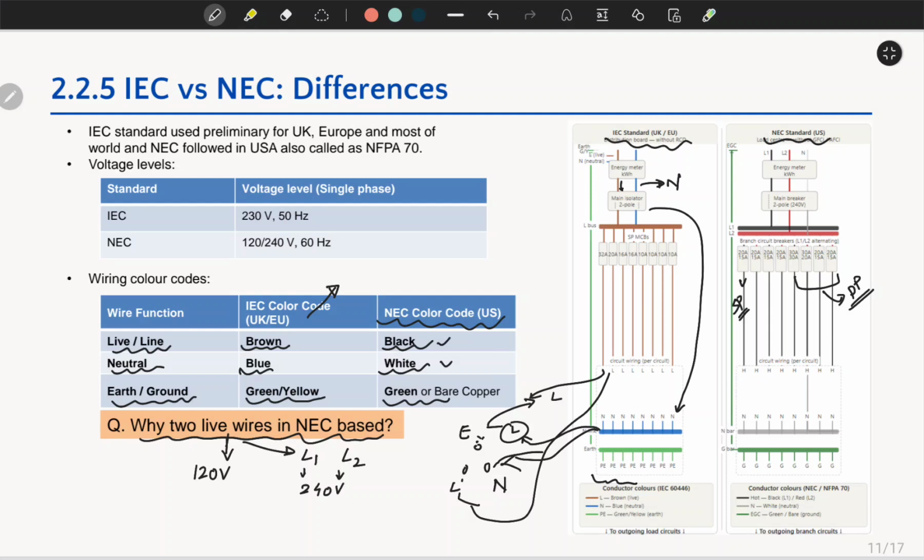As we know, if the voltage is increased for the same power rating, my current will decrease. So 240 volts is provided for higher loads like ACs or heaters, such that my current is decreased, so that my losses and other designing parameters reduce. This is why in the NEC two live wires are used.